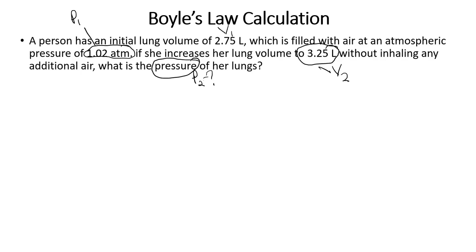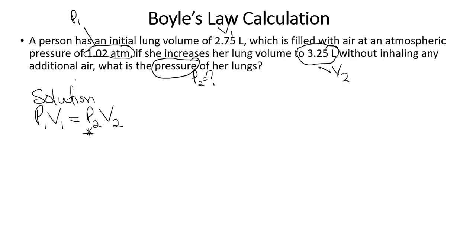Now this is what we want to determine. So for this one, we just go on and say P1 V1 is equal to P2 V2. That's what we are looking for. But our aim is to obtain P2. So how do we do that?